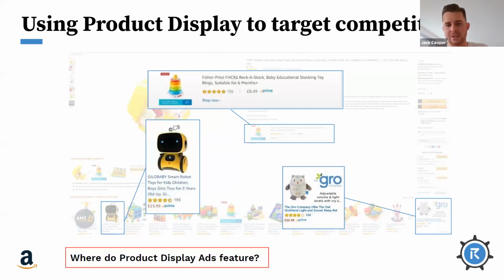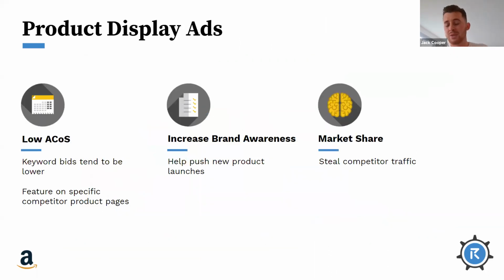Finally, product display. So this is where you can start to target your competitors. And I think it's really key. These are some of the locations here that you can target through product display ads. On an Amazon listing, you'll definitely recognize these locations here. There are benefits of using this advertising strategy.